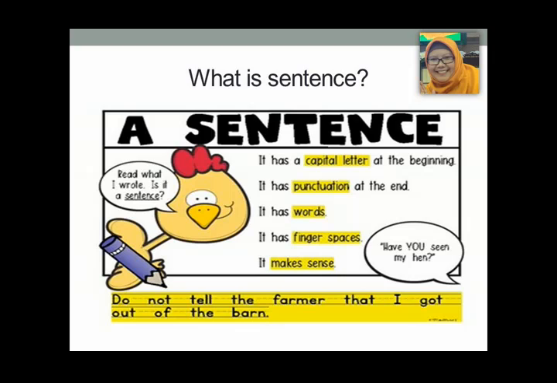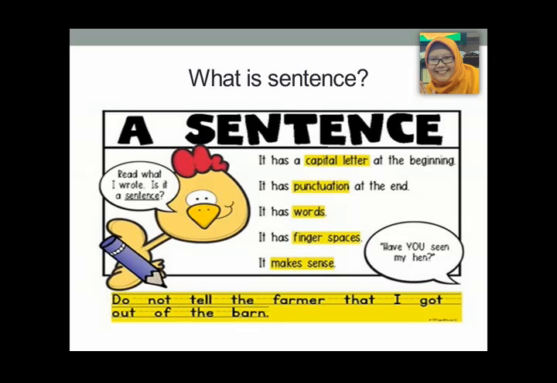You can have a full stop, a question mark, or an exclamation mark. And then a sentence has words, so you can define a sentence as a group of words.